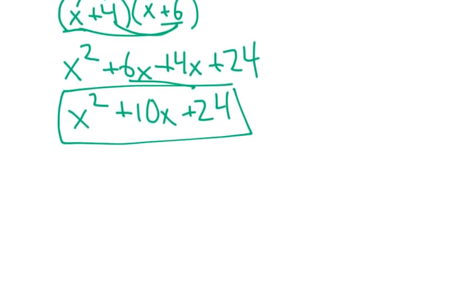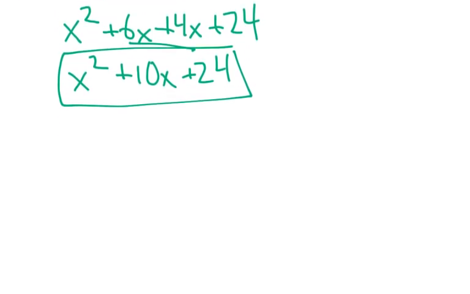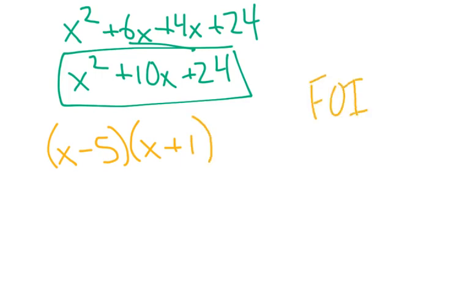I'll do another example. Actually, I'll do two more examples, because I get that this is different. All right, now let's mix it up. Let's go x minus 5 times x plus 1. Again, we're going to use the FOIL process. So that's first, x times x, which is x squared. Outside, which is going to be x times 1, so that would be just plus x.